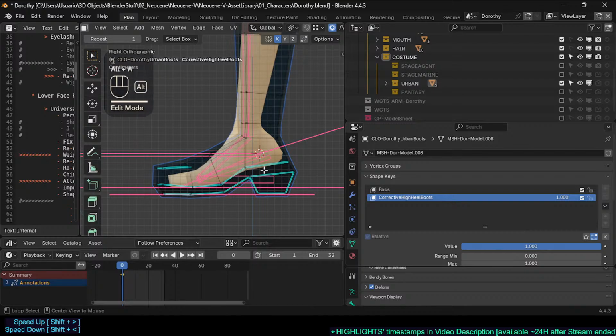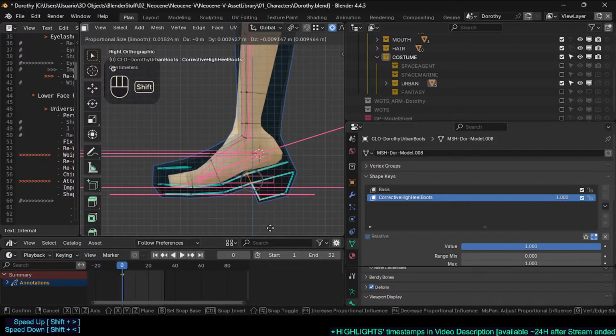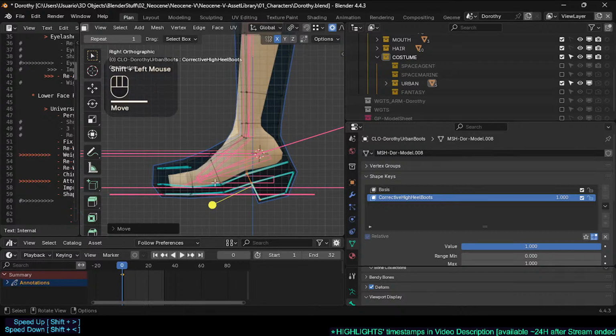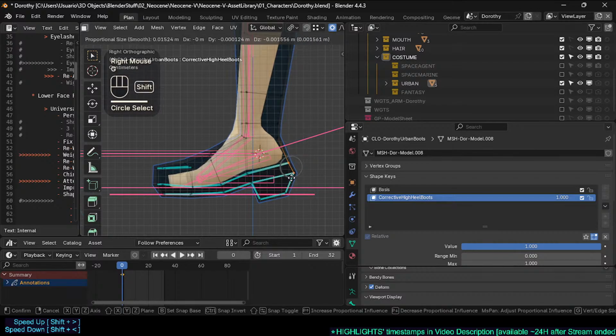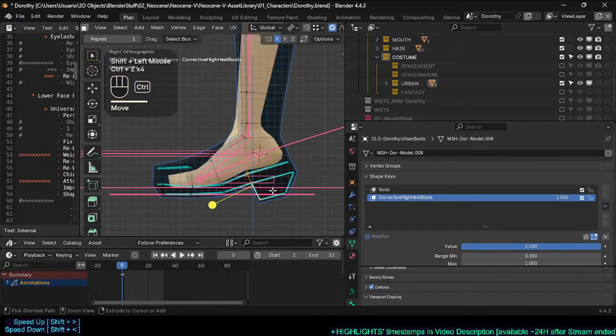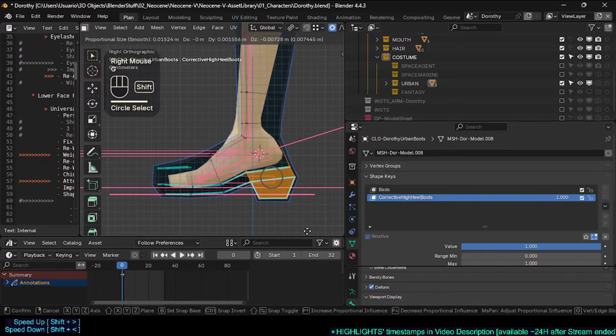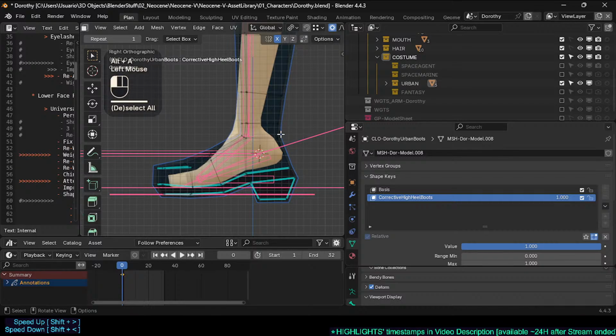Okay, so I need to edit this mesh now in such a way that I'll have these things aligned in the correct way, and that will probably mean that I'll have to push this into the ground, something like this.